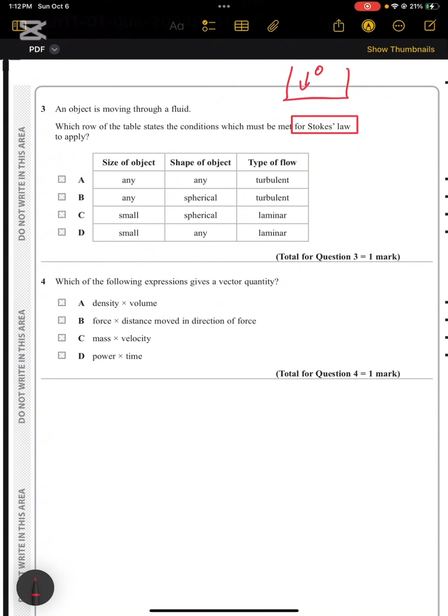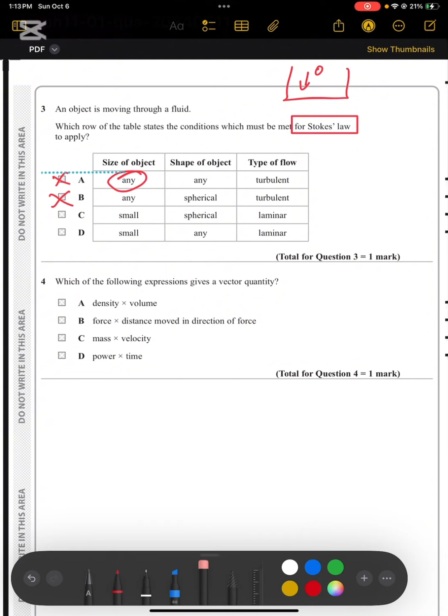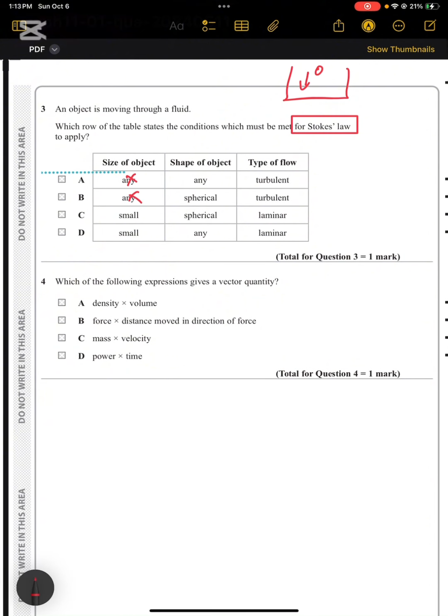A can be removed because it says any. It cannot be any, it has to be small. So B also can be removed. Spherical is similar, but it is not spherical. It has to be spherical. Our answer will be C, not the other answers.